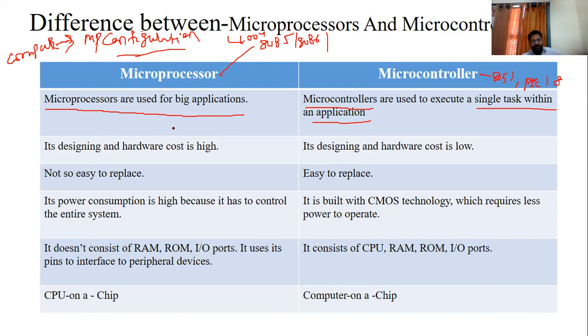But you see, one major difference is the cost. The microprocessor cost is very high when compared to the microcontroller cost. Nowadays you know the Arduino cost is nearly 300 rupees.